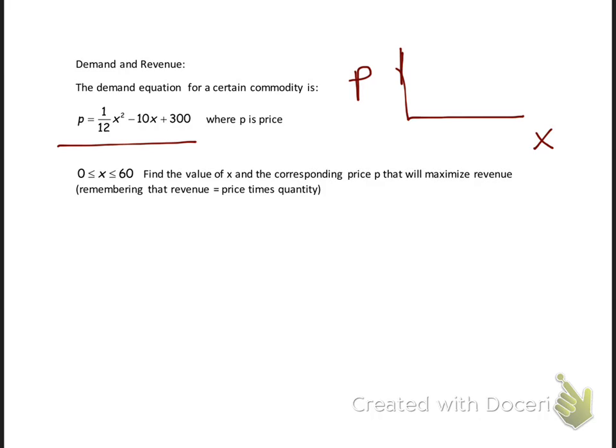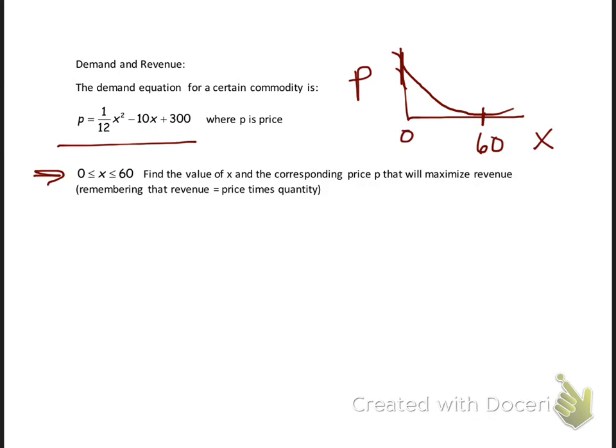This kind of looks like this. So it comes down like this, and here's where our 60 is, and here's where our 0 is. So they would like to have us operate between 0 and 60, which makes kind of sense. So that's the quantity that we're going to be working on.